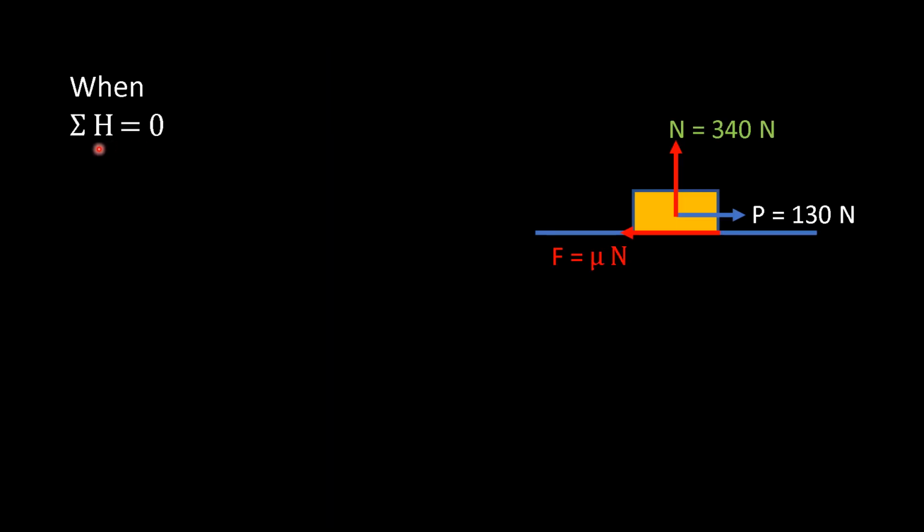When sum of horizontal forces equals 0, we have P minus F equals 0. P is positive because it acts towards right. F is negative because it acts towards left. F equals P equals 130 Newton.